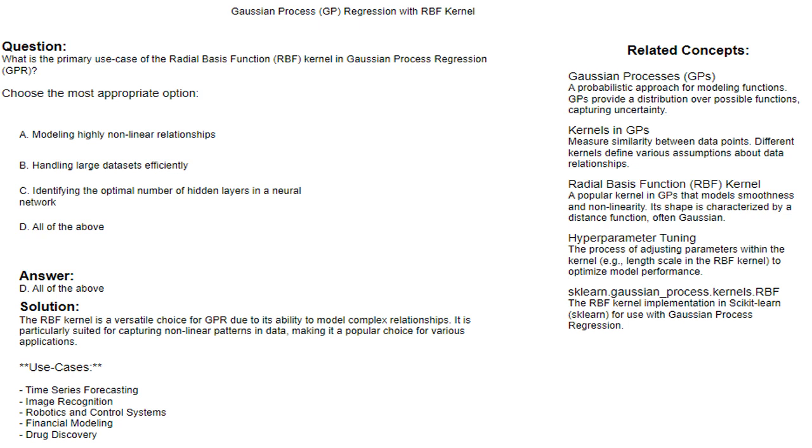Let's say you want to use an RBF kernel with a Gaussian process regressor in Python. The sklearn.gaussian_process.kernels.RBF class provides a convenient interface to utilize the RBF kernel. You can simply create an instance of this class and specify the desired length scale.